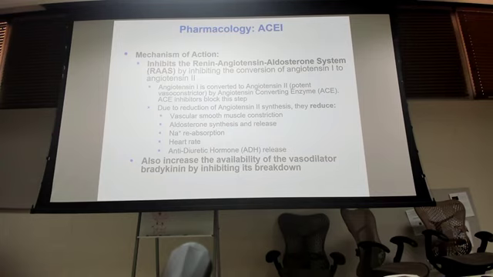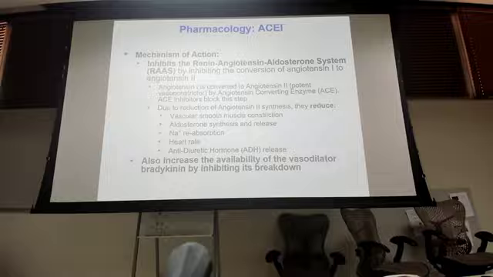So we're going to, by using an ACE inhibitor, do the opposite of what we said that angiotensin II does. If it vasoconstricts, well, now it's going to vasodilate because it's not on board. We talked about increasing aldosterone from the adrenal glands when our RAAS system senses that our blood pressure is too low.